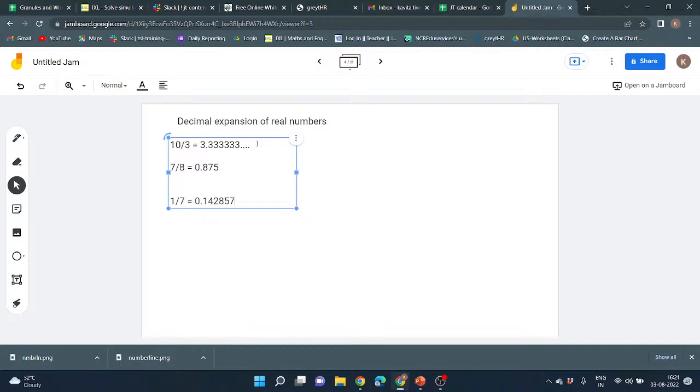So basically, what are the differences in these decimals? The difference is in the remainder when we are dividing these numbers. In the first case the remainder would be 1, 1, 1, 1 and so on, when the divisor is 3.